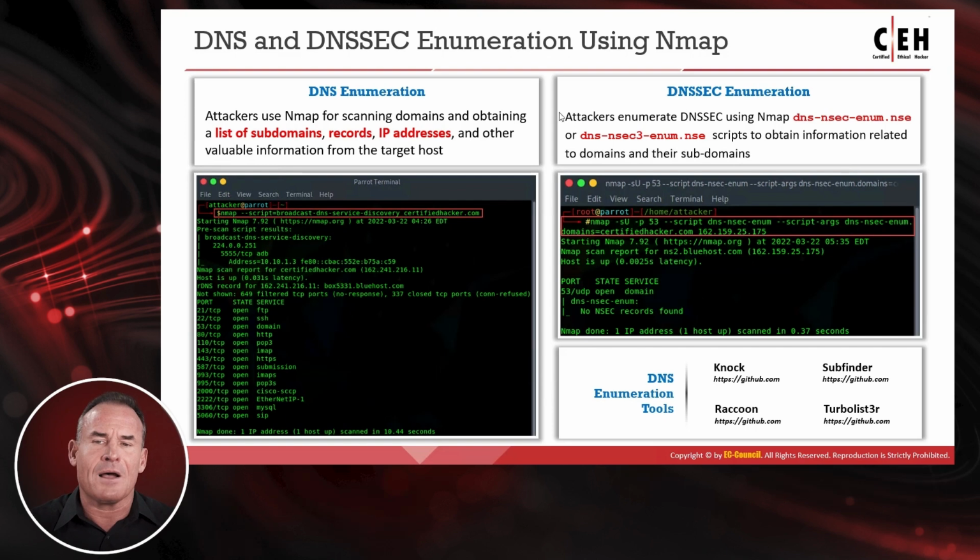But for now, note that there are two different types of servers, standard DNS and DNSSEC, and each one of them contains useful information to the attacker. So the dnssec-enum NSE Nmap script can be used specifically for DNS servers to enumerate domains and subdomains.